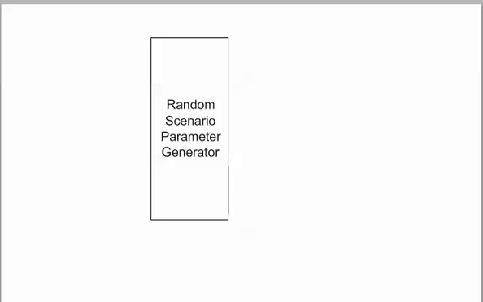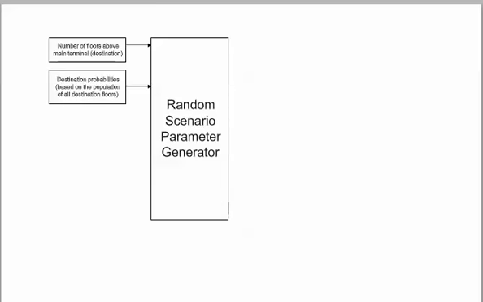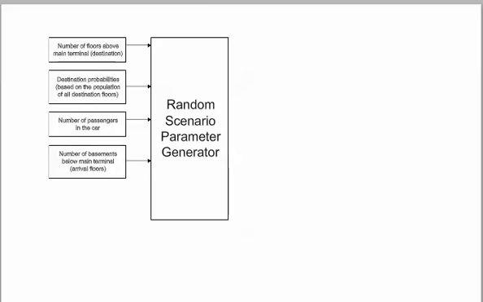Having prepared the transition matrix, we're going to look now at the various blocks within a Monte Carlo simulator. At the core of it is the random scenario parameter generator. And then we feed that with the number of floors above the main terminal. We also feed it with the destination probabilities, where the probability of going to a certain floor. We have the number of passengers in a car, the number of basements, or the number of entrances.